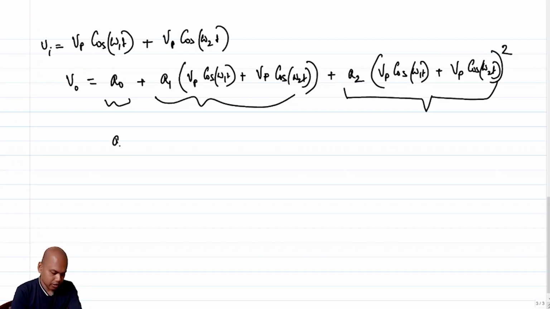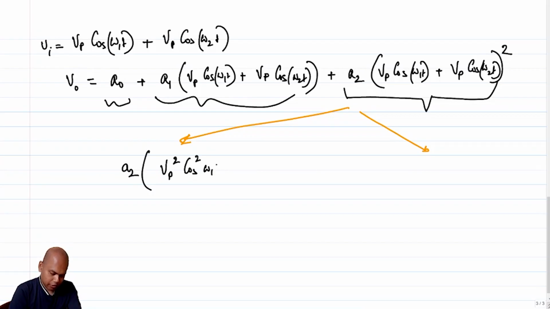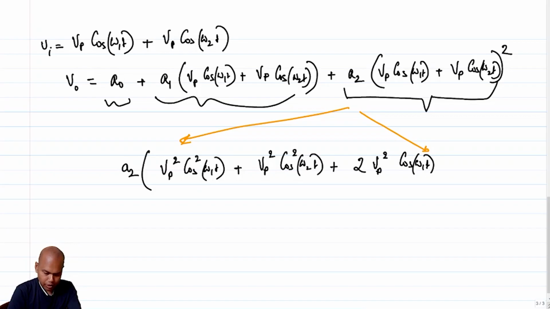So if I expand that, what do I get? I get A2 times Vp squared cosine squared omega 1t plus Vp squared cosine squared omega 2t plus twice Vp squared cosine omega 1t cosine omega 2t.